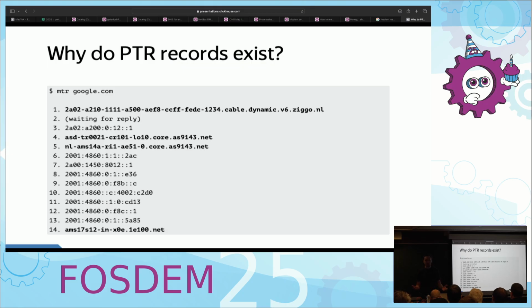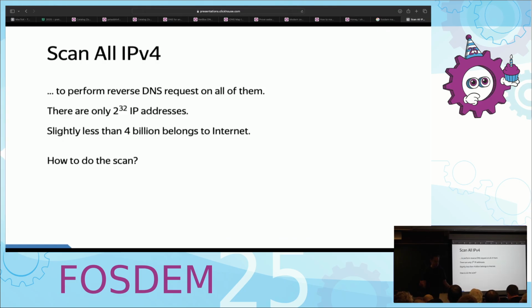Why do they even exist? For mail servers mostly. Yeah, for sending emails, and also for nice infrastructure observability. So when you run something like MTR, which is like traceroute, you will also get these names from reverse DNS records.